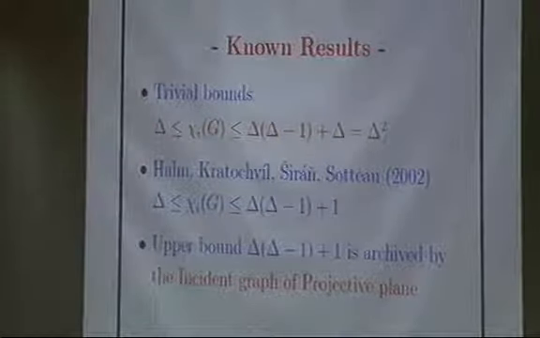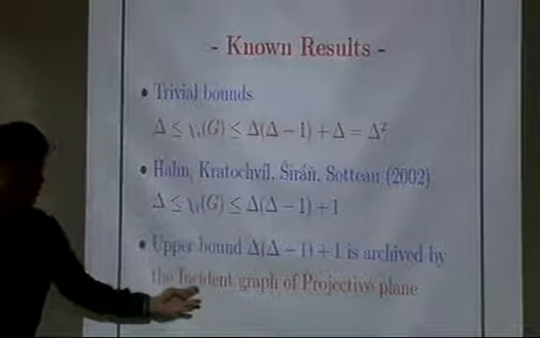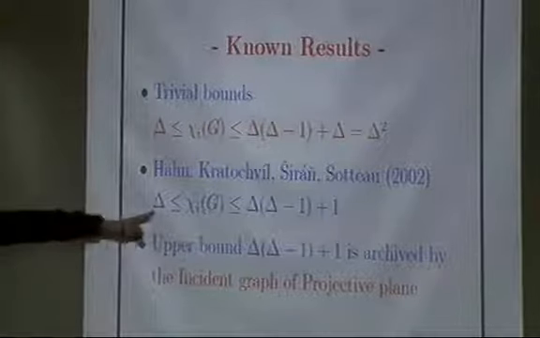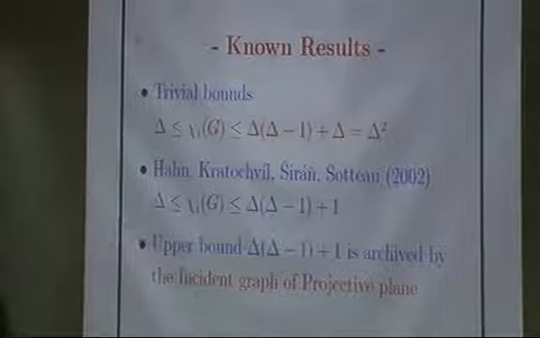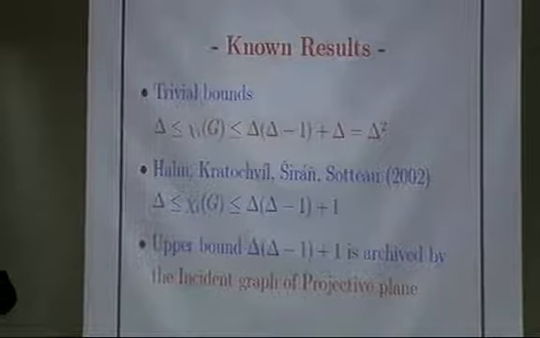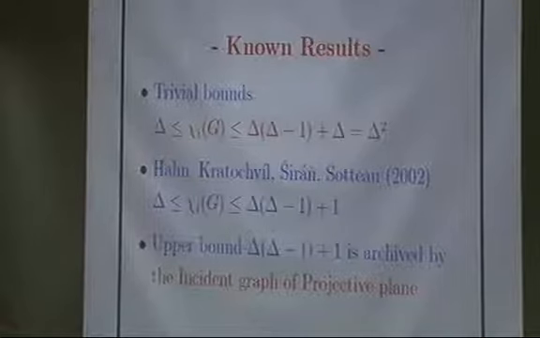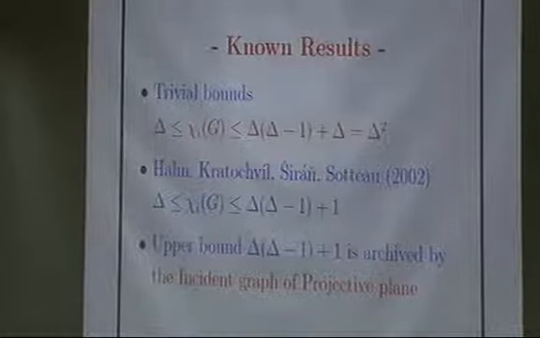And this upper bound can be achieved by a very special graph using a projective plane. Of course, the lower bound is achieved too. So from this point of view, it seems solved already. Lower bound and upper bound are both achieved, so it's not interesting anymore, right? It's bad, actually, in some sense.